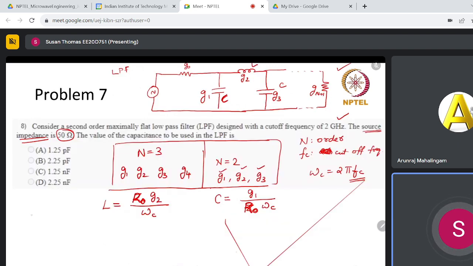So G1 is 1.4142, same as G2, also 1.4142. Substituting this value, 1.4142 divided by 50 into 2 pi Fc, where Fc is 2 gigahertz, 2 into 10 power 9. So if you substitute for these values, you will be getting, for 2 gigahertz. Just a moment.